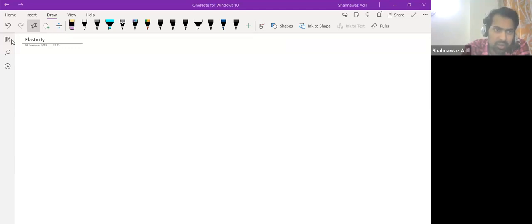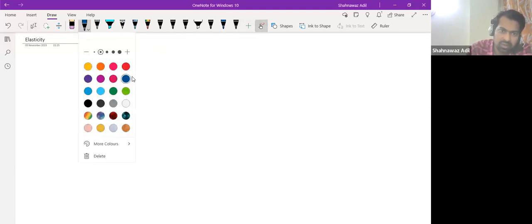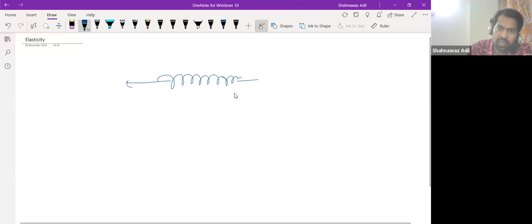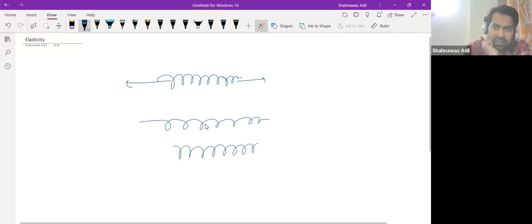So we will see that, let's say you have a spring, and you stretch this spring on two sides. It will be stretched, but if you remove this force, then it will again come back to its original state, because this spring is elastic.